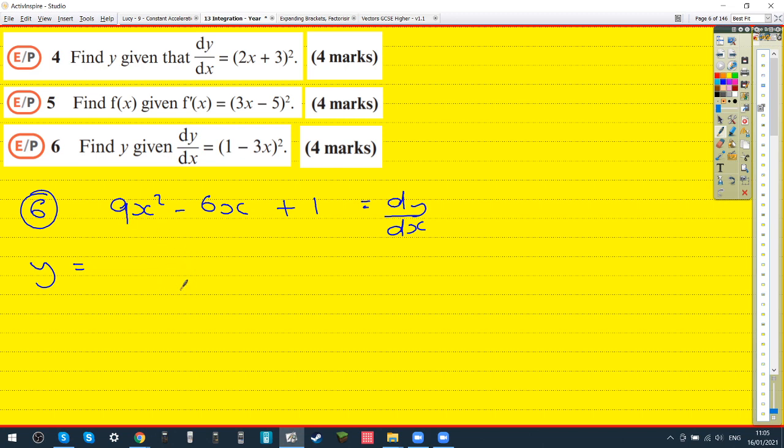So for 6x, would it be 12x squared? Divide. Integrating. Oh, you divide, don't you? So it would just be 6x. No, wait, there'd be 3x squared. Yep.